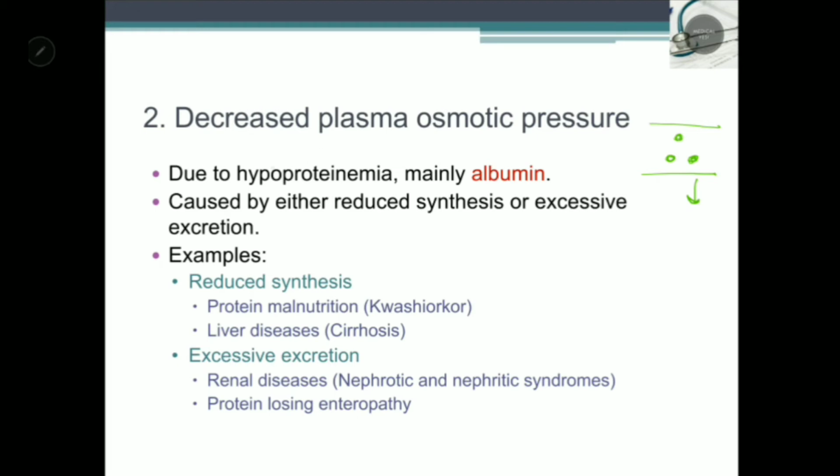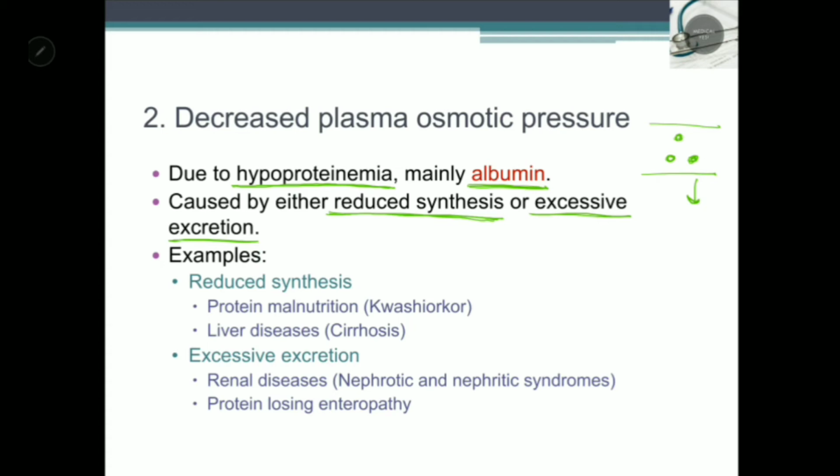So this is due to hypoproteinemia, that is a reduced number of proteins in the blood, and mainly albumin, because that is the most important and the most abundant one. So this reduction can be caused by either reduced synthesis, that is they are not being made in the first place, or it can be due to excessive excretion. So that is, they are being removed from the body excessively.